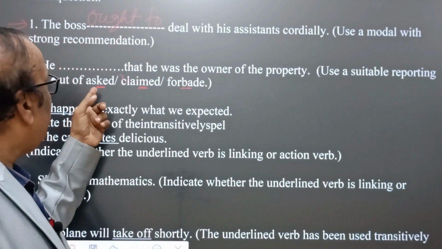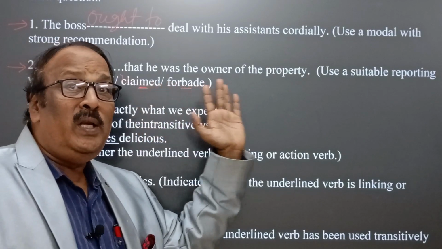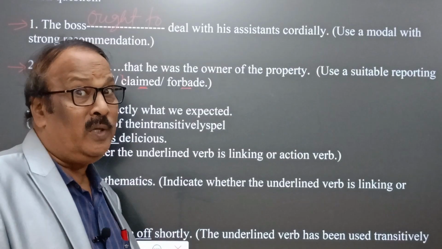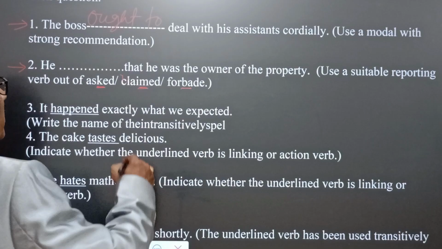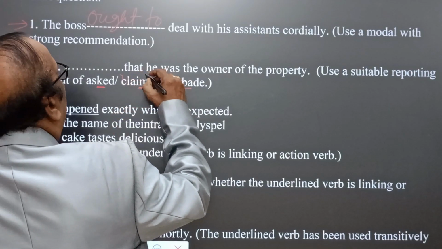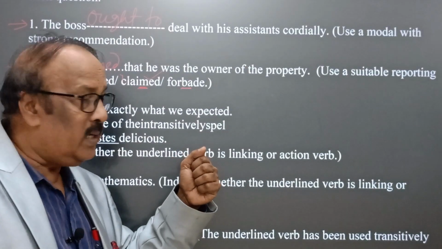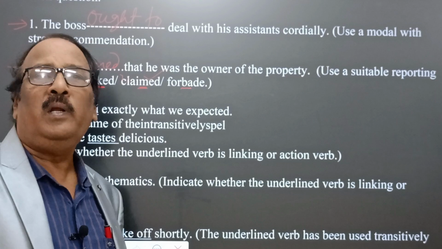In this case, usually we have to understand the meaning of the direct speech before using a suitable reporting verb. The correct answer here is claimed. It is because he demanded. Claimed means he demanded that he was the owner of the property.